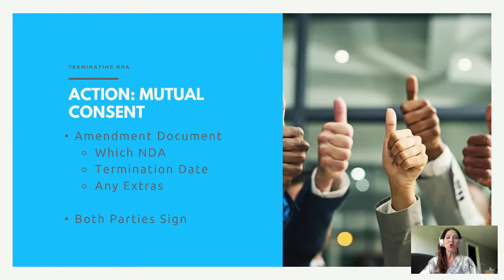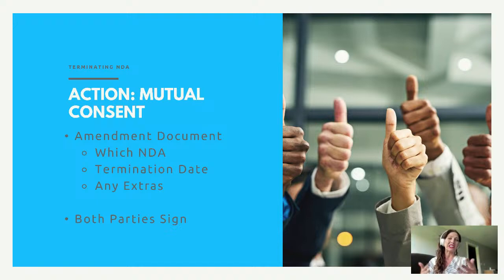So, mutual consent, what are the action steps if that's the way you wanted to do it? Let's say mutual consent means both parties, both signatories to the NDA, are saying, hey, yeah, let's just go ahead and end this thing.